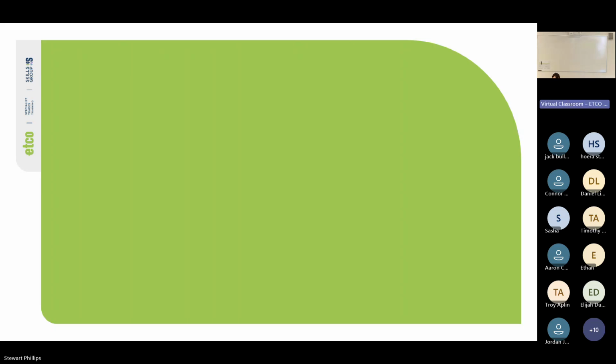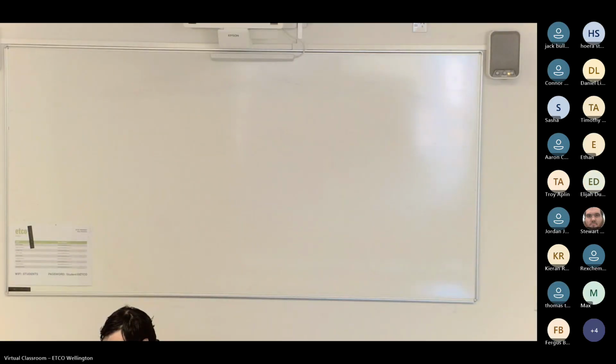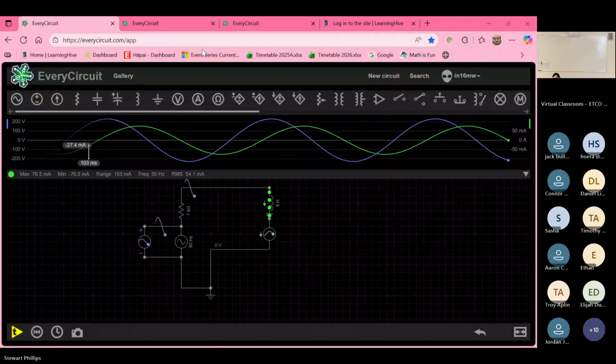Cool. So hopefully this comes through. Oh, hope everyone can see that. So this is a program called Every Circuit. So this is a way of us showing how a circuit operates.